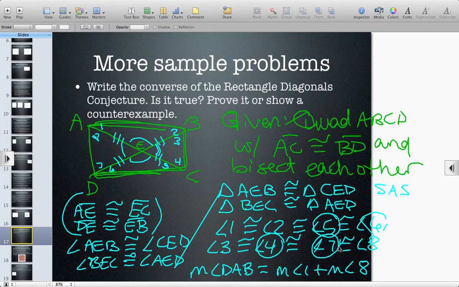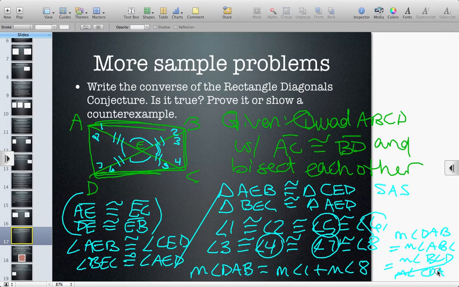So mixing and matching all of these parts, because they are congruent to each other and we're using addition properties, I can prove that the measure of angle DAB is congruent to the measure of angle ABC, which is congruent to the measure of angle BCD, which is then congruent to the measure of angle CDA.